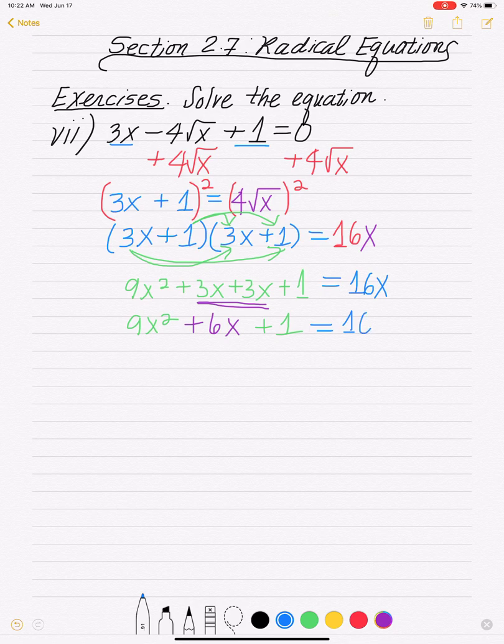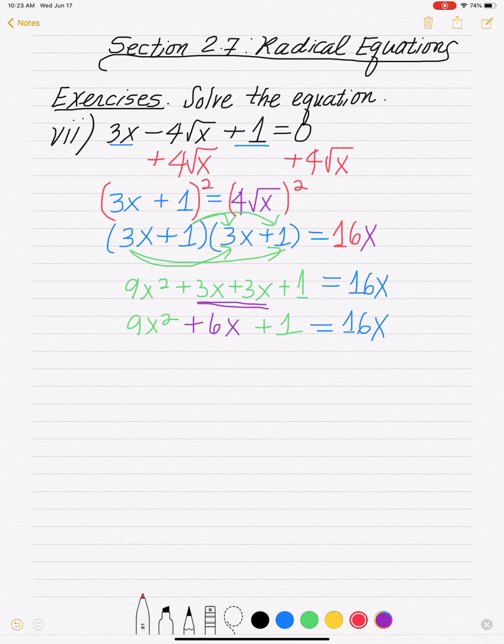So here we got a quadratic equation. Remember quadratic equations, you generally want 0 on one side, and on the other side, you want your square term to be positive. So the square term is already positive on the left side. We want to keep that square term positive, so we're not going to change the position of that square term, 9x squared. So we're just going to get rid of the 16x from the right side.